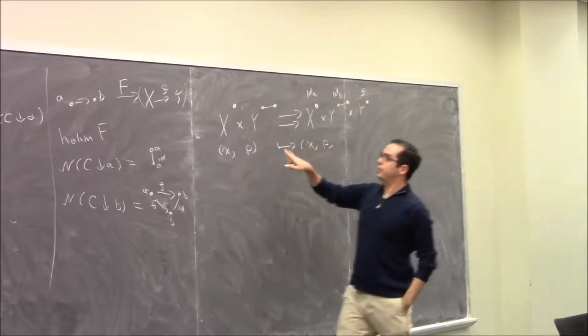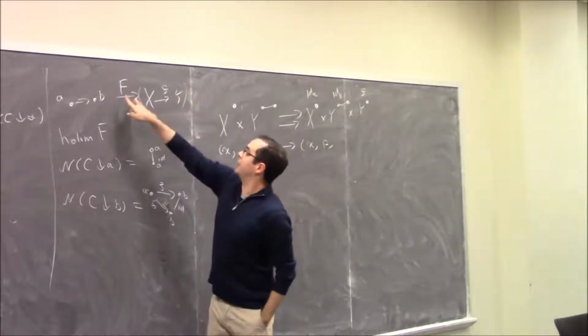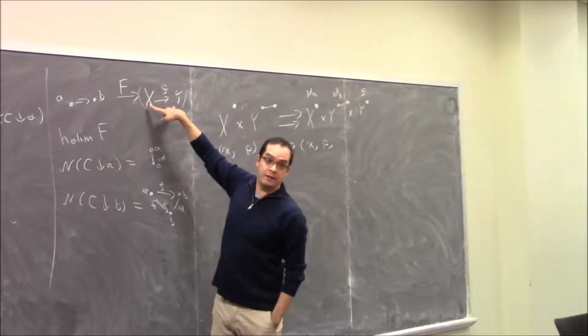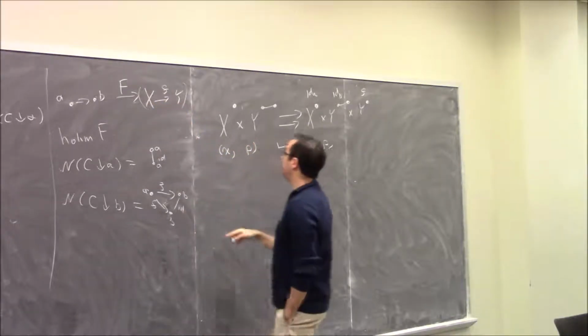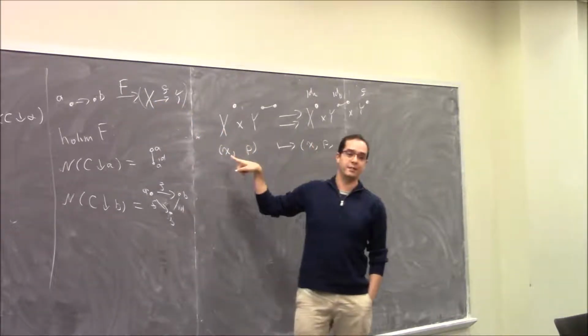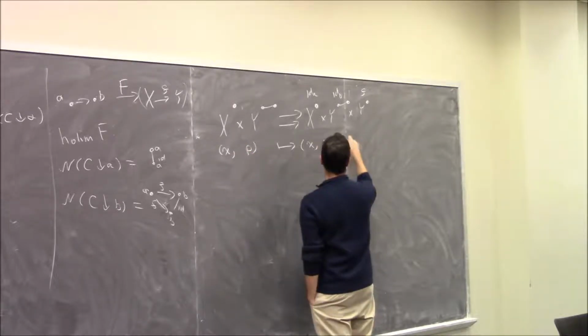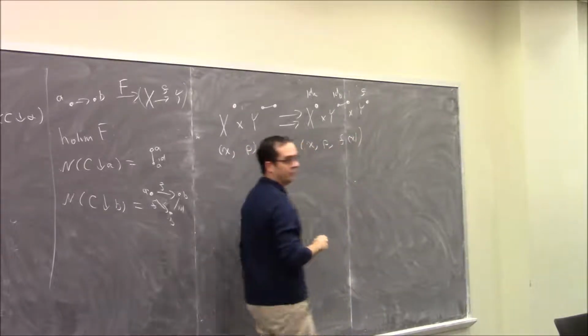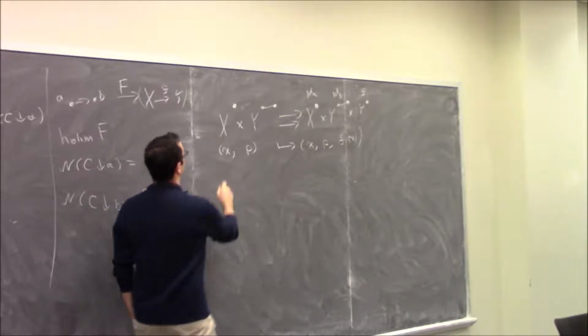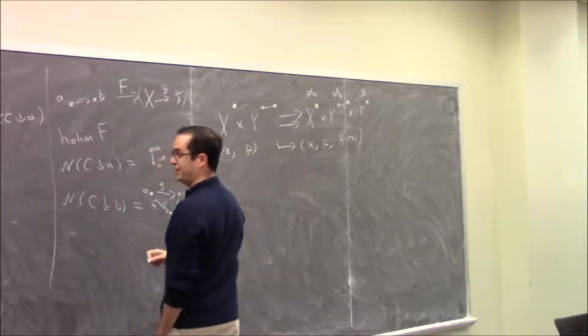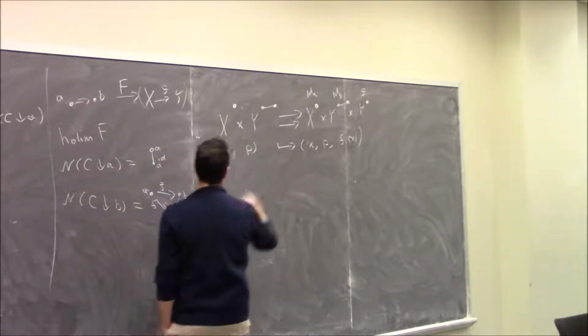So one thing we could do is look at a morphism in top, and I can apply that to my element x. So that'll give me an equivalence. We call that phi.